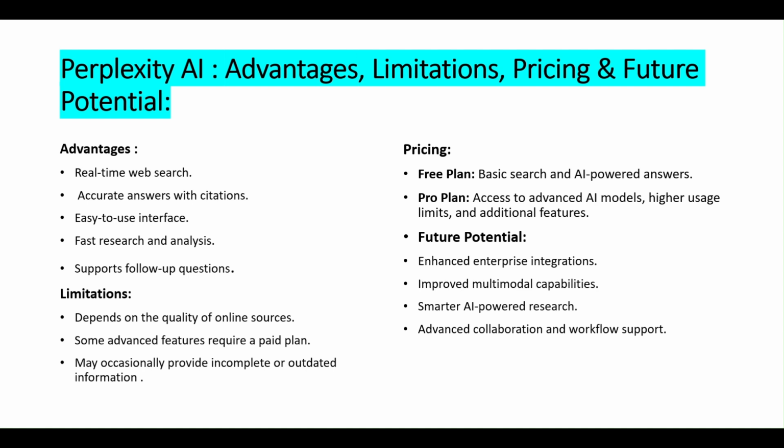Talking about the limitations, the quality of the answers depends on the available online sources, and some advanced features are only available in the pro version. So it's always a good idea to verify important information. Perplexity AI offers both a free plan and a pro plan, so users can choose based on their needs.